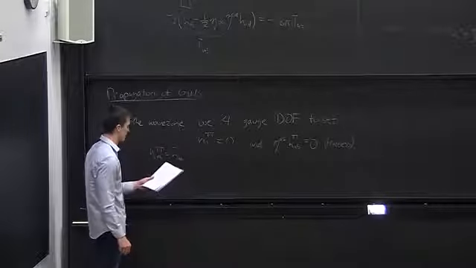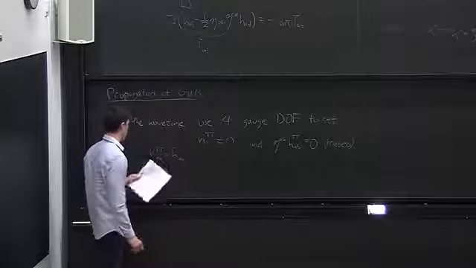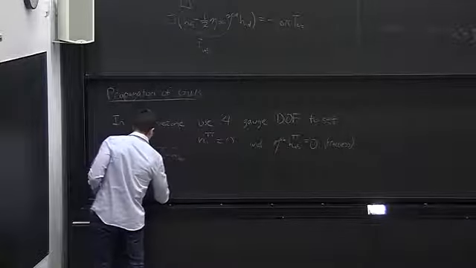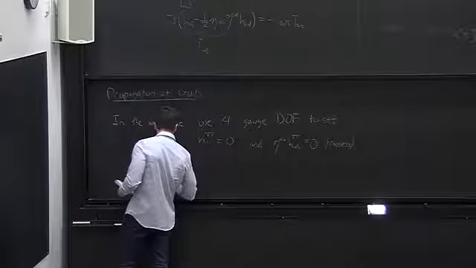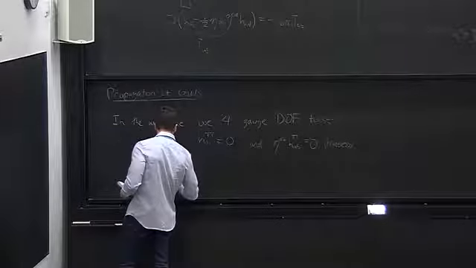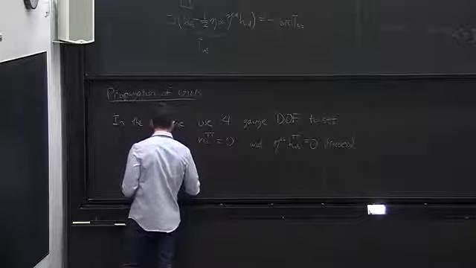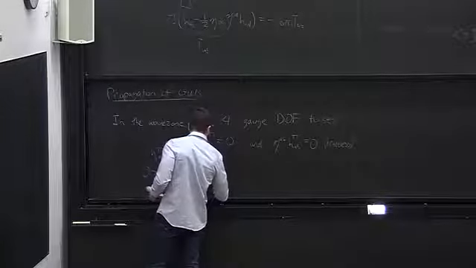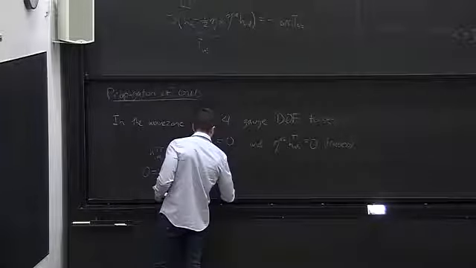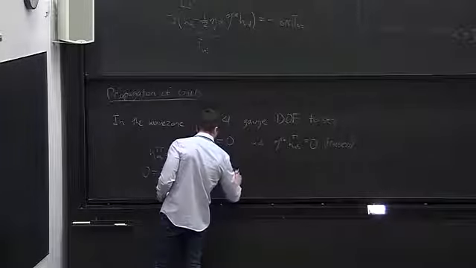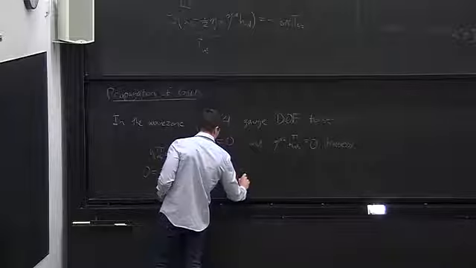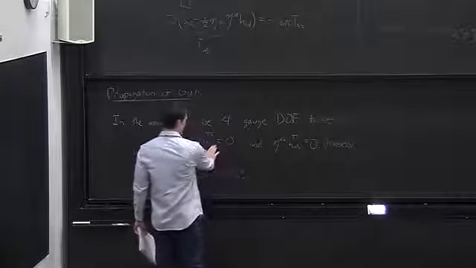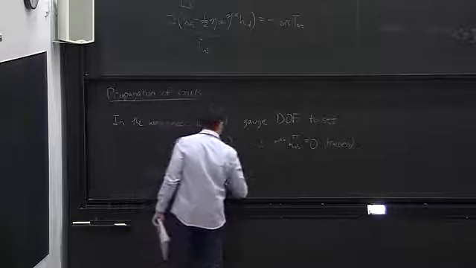So to see that, if we write down our Lorentz condition, by this condition here, these are all 0, so we can just ignore this.